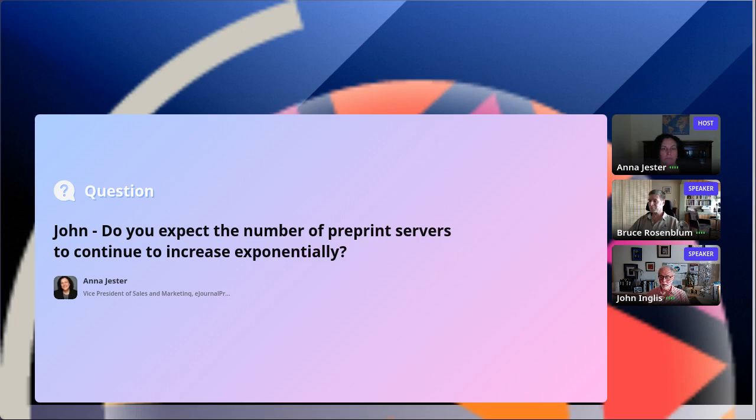There are new initiatives of different kinds, and not all of them are gaining traction for a variety of reasons. So I would think that there will possibly be a reduction in the number going forward. I would be very surprised if the growth continued as it has over the last, say, five years.